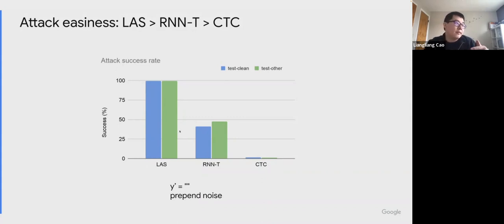For RNT, the success rate close to 50% means half of them were just empty prediction. And the CTC model, although it's not used in production because it's still bigger than the RNT, does not suffer as much from the adversarial attack. So the CTC model is the most robust to long-form deletion error, RNT is second, and LAS is the worst.